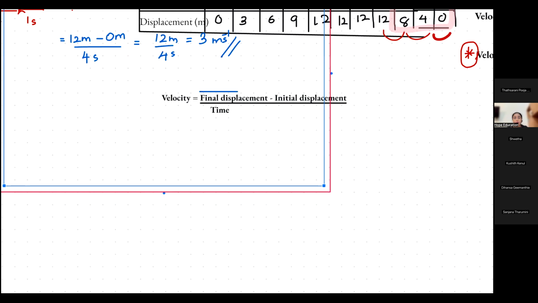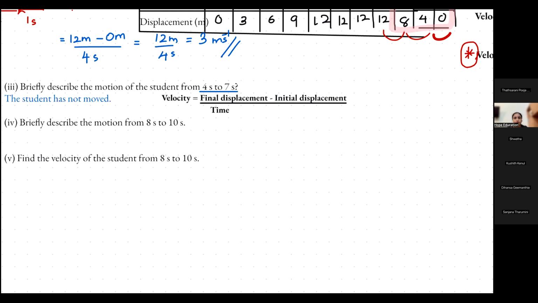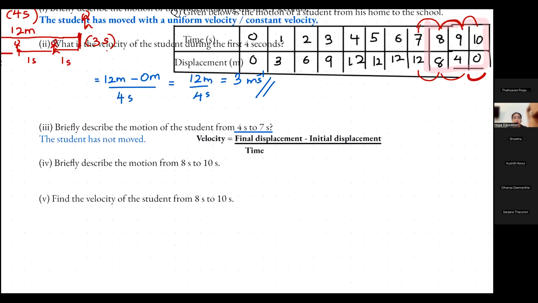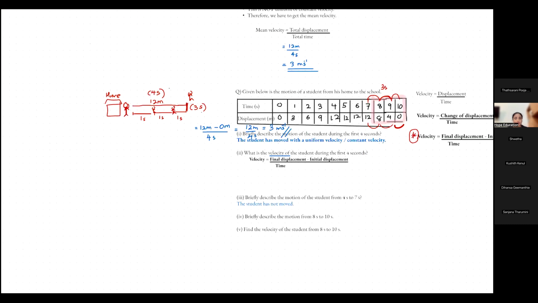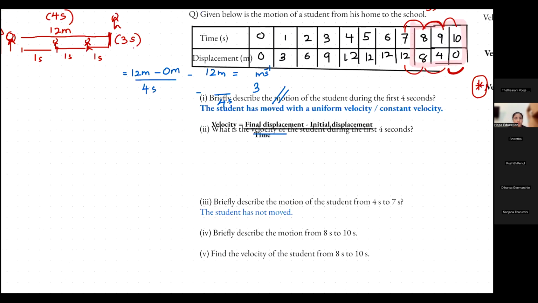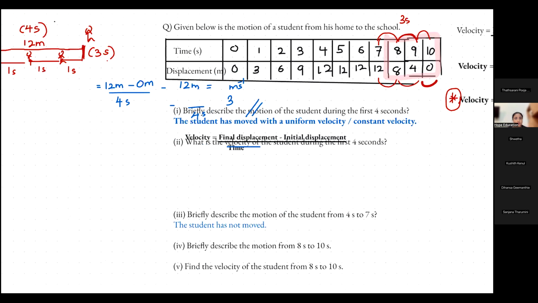Don't move the board, please. What has happened here?